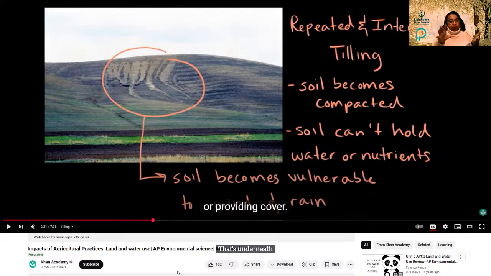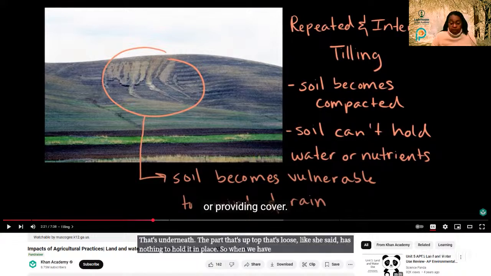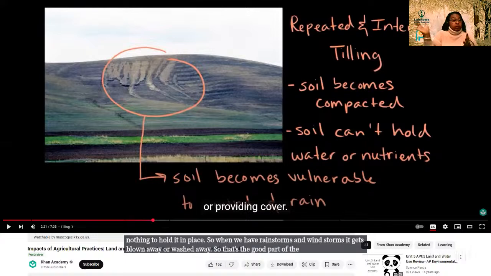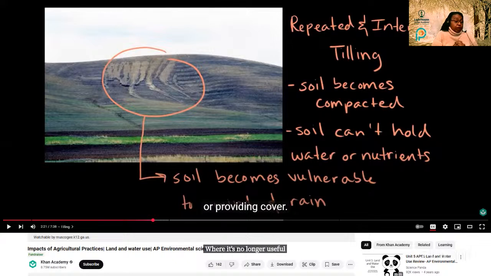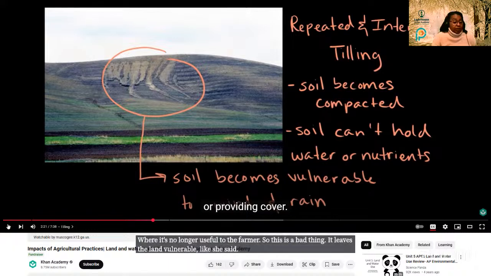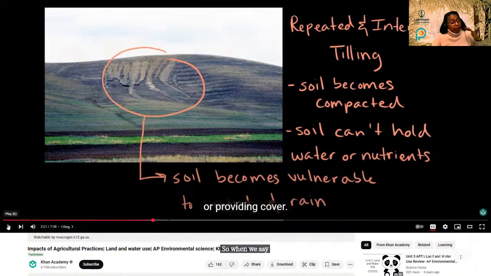The part that's up top that's loose, like she said, has nothing to hold it in place. So when we have rainstorms and wind storms, it gets blown away or washed away. So that's the good part of the soil, and it's just being blown to someplace where it's no longer useful to the farmer. So this is a bad thing. It leaves the land vulnerable, like she said. So when we say what is the impact of tilling, that's the impact of tilling.